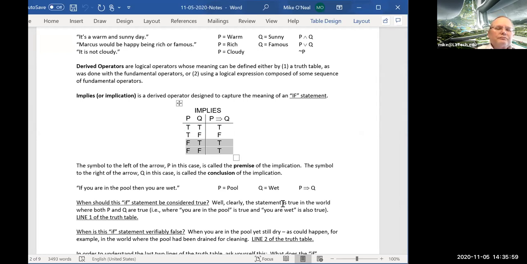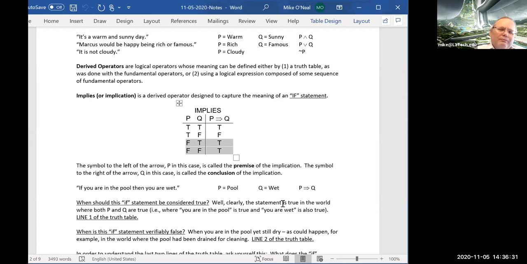Well, let's say the statement, if you're in the pool, then you're wet, is a true statement. Take it on faith that in the worlds that we're talking about, that's a true statement. We're not talking about worlds right now where the pool has been drained for repair. We're talking about worlds where if you're in the pool, then you're going to be wet. Okay?